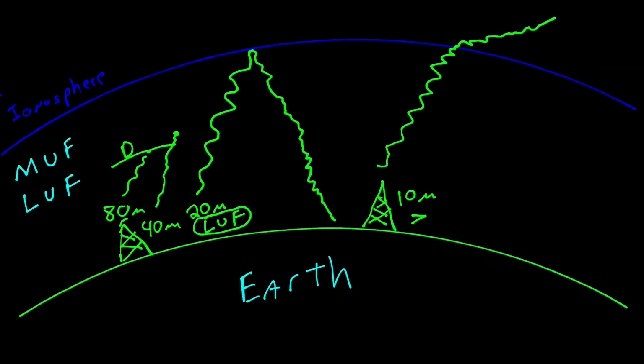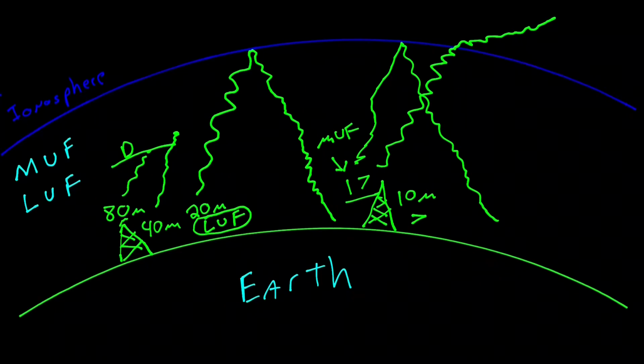And 17 meters, let's say we try that. And it actually works. It bounces back and comes back down to Earth. So just to round things off, 17 meters will be our maximal usable band with its appropriate frequency. So we can say that's the MUF, or maximal usable frequency, and this is the LUF, or the lowest usable frequency.